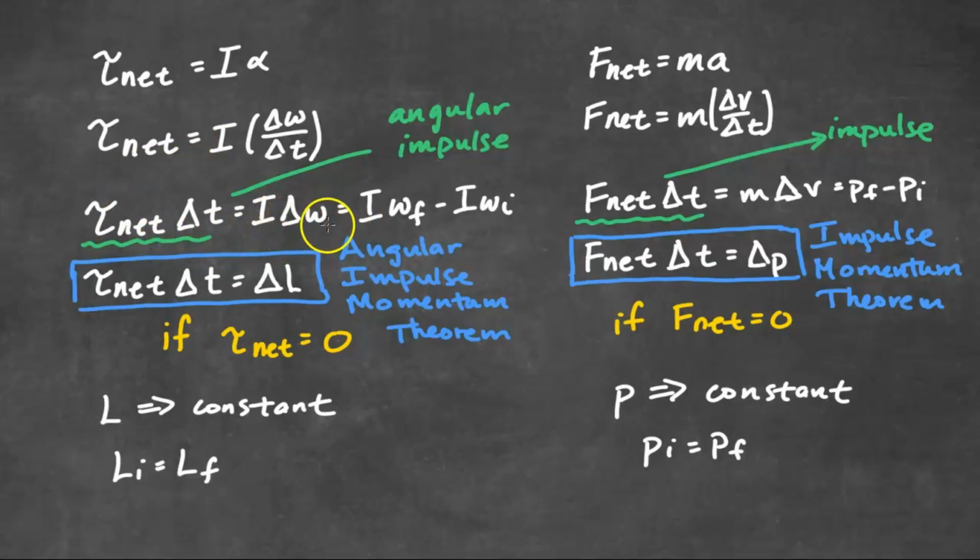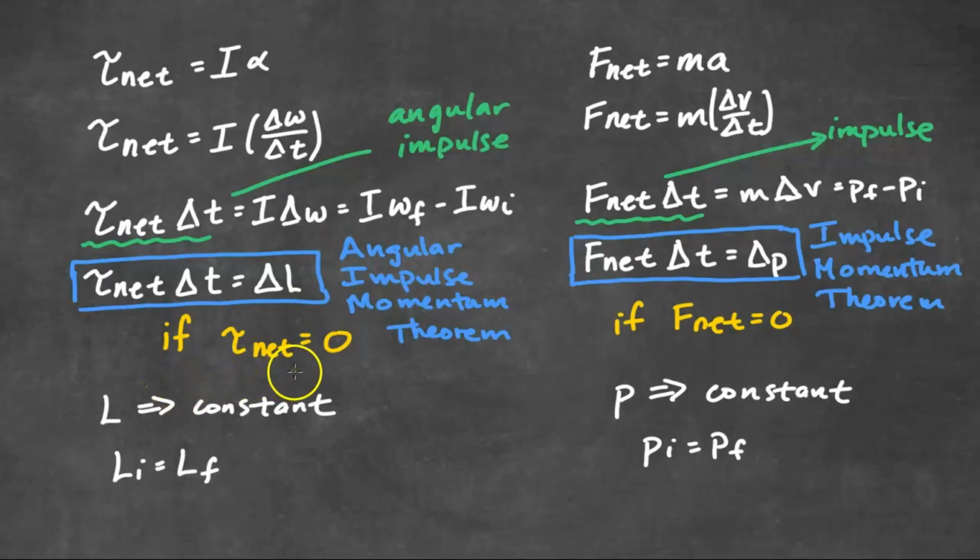Now, I delta omega is telling us the change in angular momentum, and this value on the left here, which is the net torque times the delta t, we call that angular impulse. So the angular impulse is equal to the change in angular momentum, and that's what the angular impulse momentum theorem tells us.